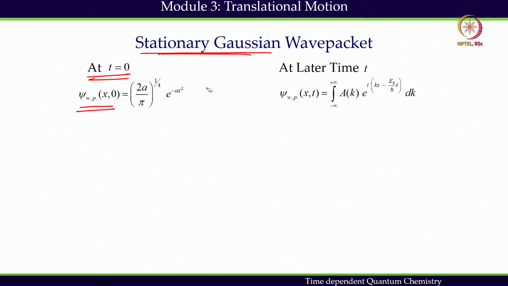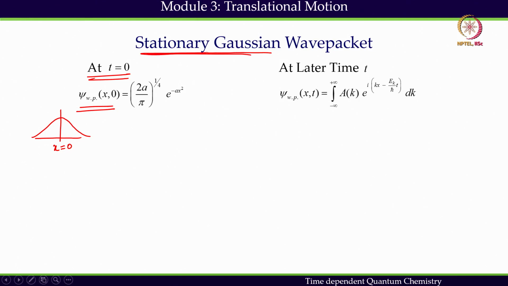I remove this, so the particle is represented by a Gaussian function centered at x equals 0. There is no fast oscillation, because oscillation comes from the e to the power i k x term. This term is missing, and that is why it is a stationary Gaussian function.